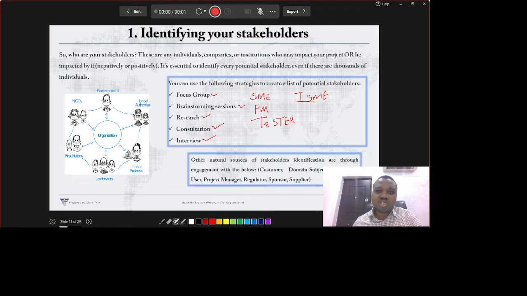The regulator might give you some form of assurances and say, you need to talk to this person, you need to talk to this person. It's important you might want to talk to the users of those services or products. So, for example, you are eliciting a particular requirement, or you are digging deep into a process, and you want to know people that use a particular system, who the participants are, who the actors are, who the customers or end users of this particular system are.